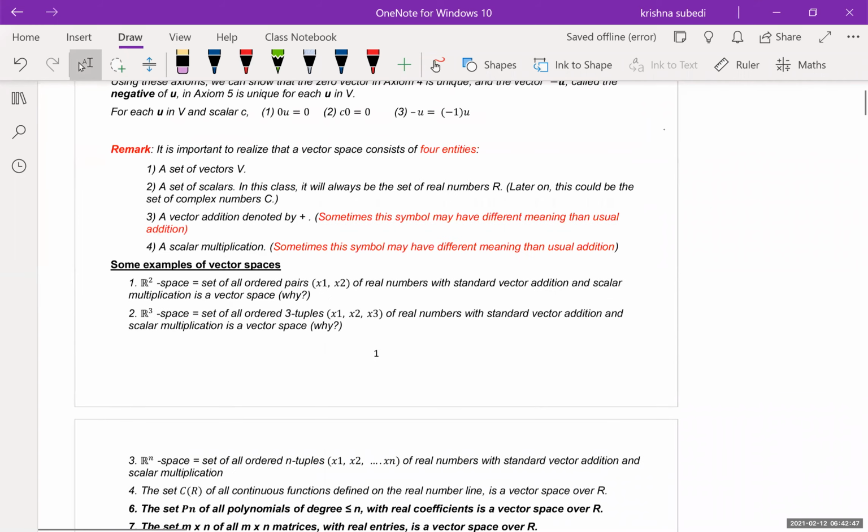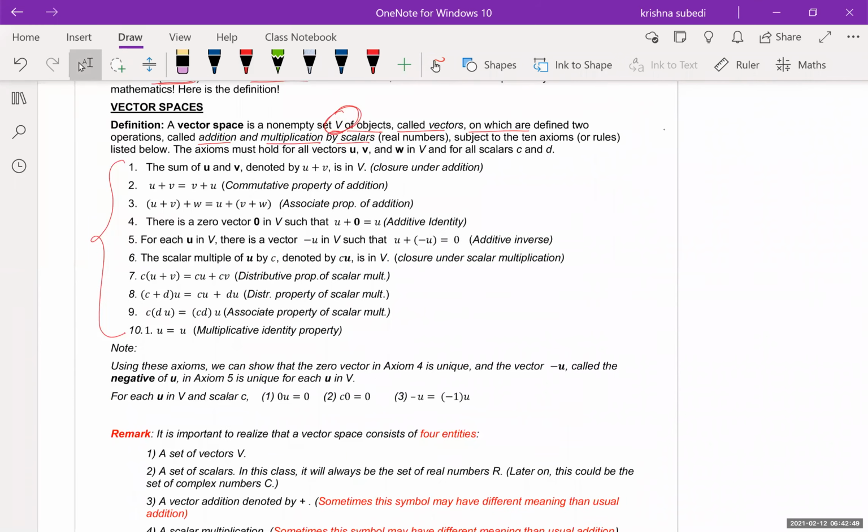Now I want you to check quickly what those axioms are. The first condition is if u and v are in V, then their sum must also be in V, in the same set. Then u plus v equals v plus u, so it must satisfy the commutative property of addition.